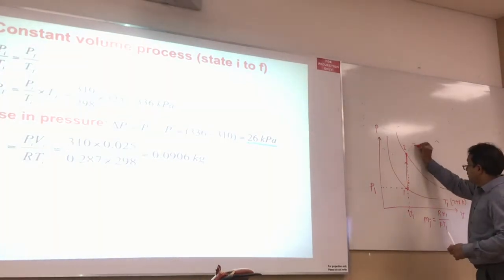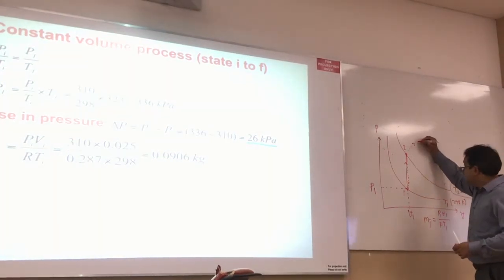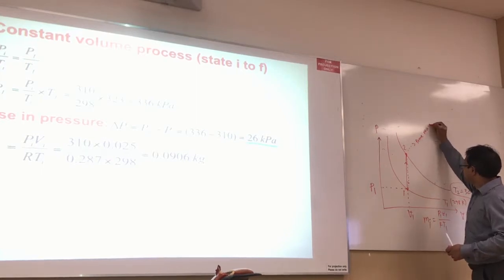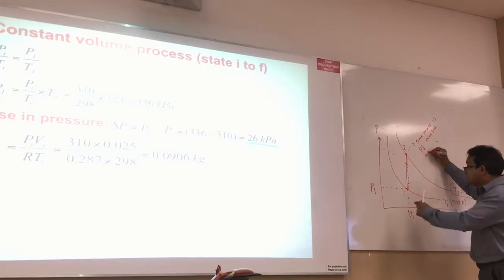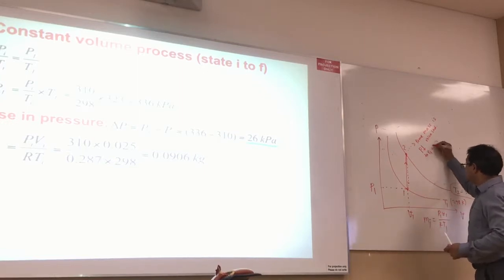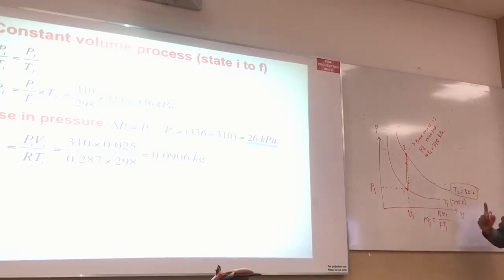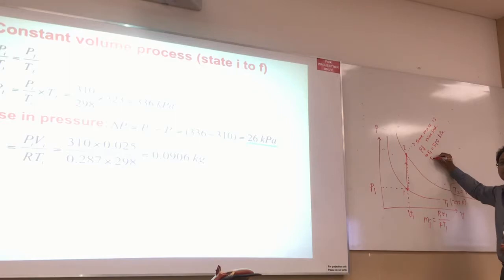I release some mass. Some mass is released. So what happens? Pressure decreases to the initial pressure P1, which is 310 kilopascal. But the temperature is maintained the same.